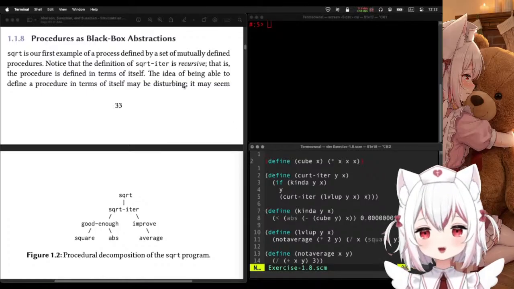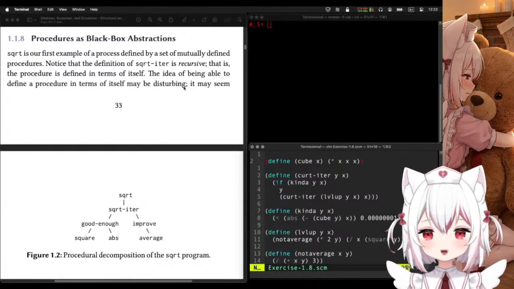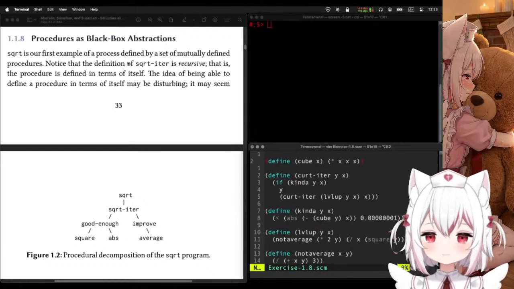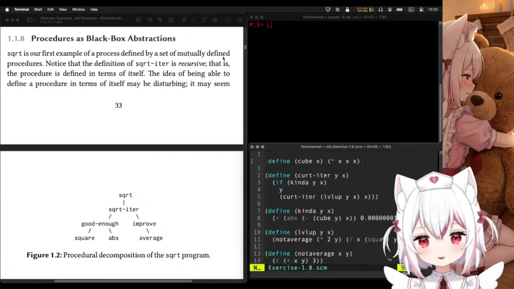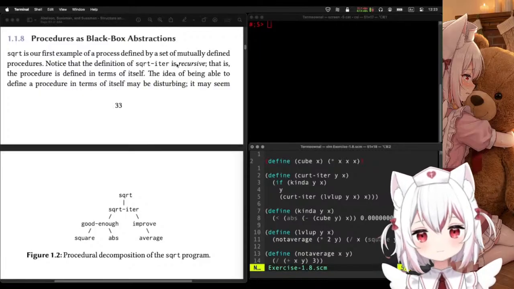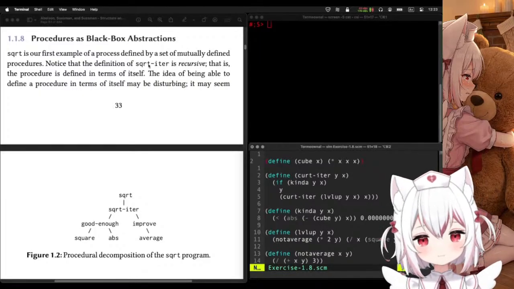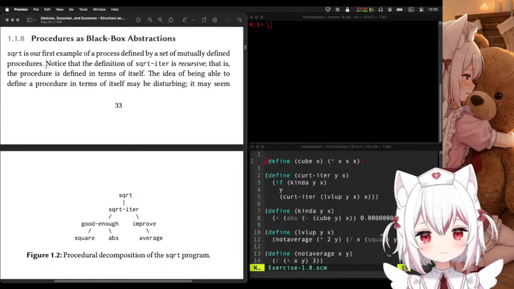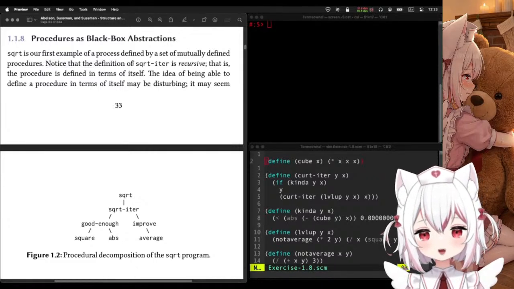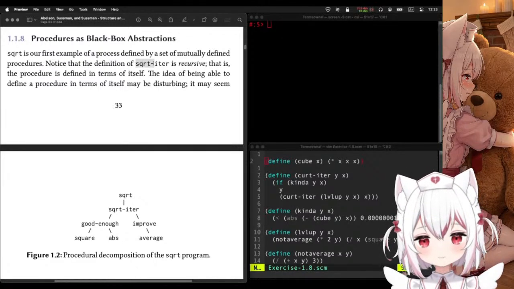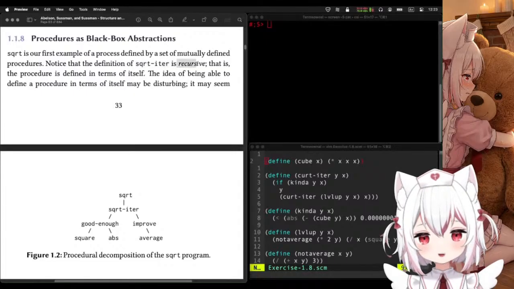Procedures as black box abstractions. Square root is our first example of a process defined by a set of mutually defined procedures. Notice that the definition of square root iter is recursive.